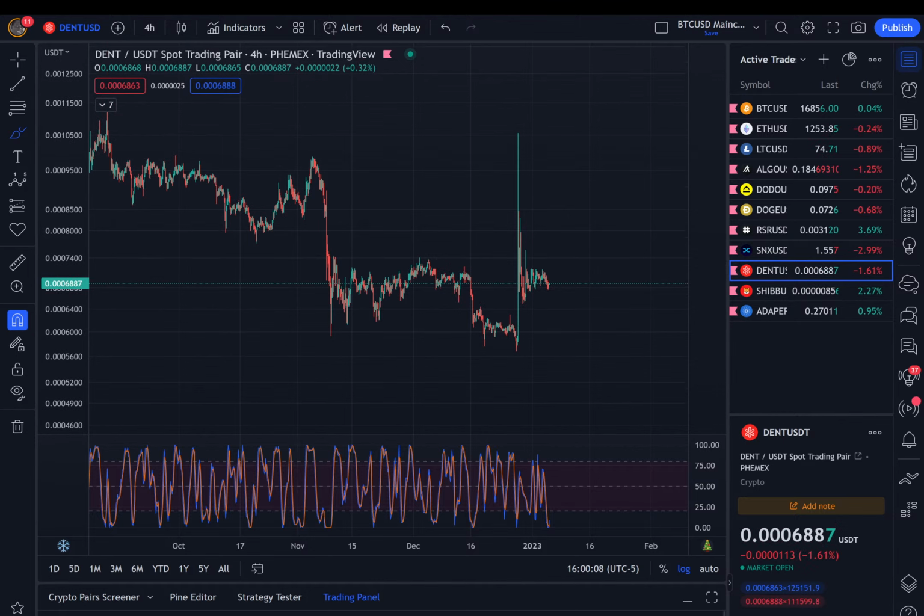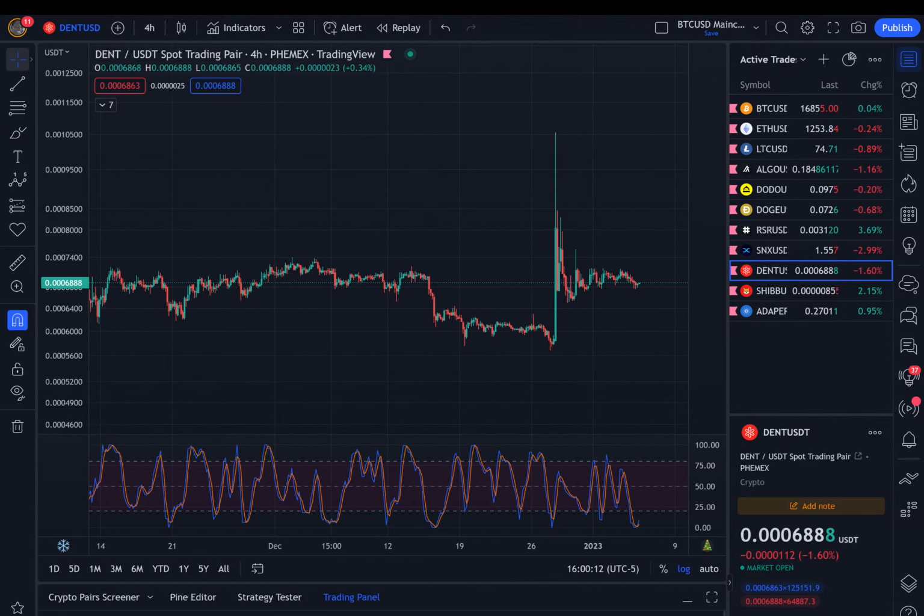So for Dent, you guys have to be patient. If you're not patient, you can never win at this game. The patience it requires to be successful in trading is really otherworldly. I know people say fishing takes patience, hunting requires patience. Yes, trading really requires a lot of patience.